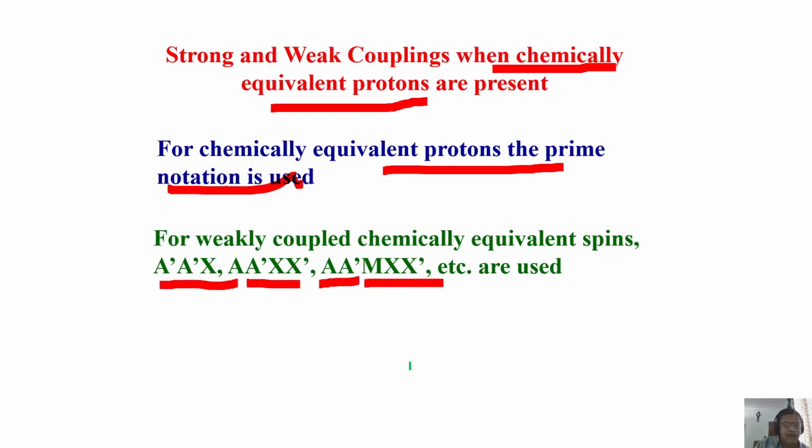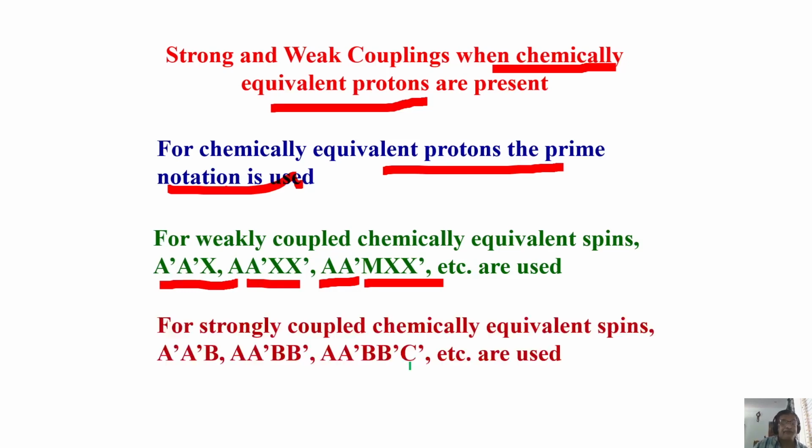What is this XX prime, AA prime? Don't get confused. I'll give you an example. Similarly, for strongly coupled, you use AA prime, BB prime, like this. What do you mean by AA prime here? It means there are two protons or two spins having the same chemical shift, because they're chemically equivalent.